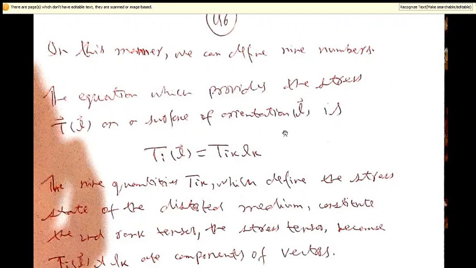We have basically 3 directions, x1, x2 and x3. We have a normal in the direction of x1, in the direction of x2 and in the direction of x3. Here we are saying that l is a normal of that surface, but its direction is arbitrary. Maybe it is not in the direction of x1, x2 and x3. It will be in an arbitrary direction.